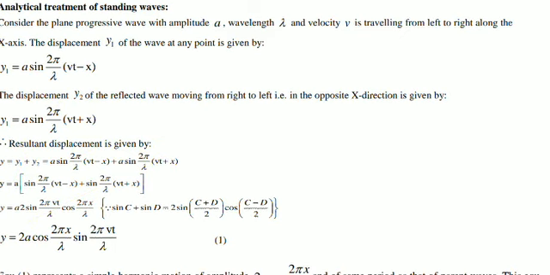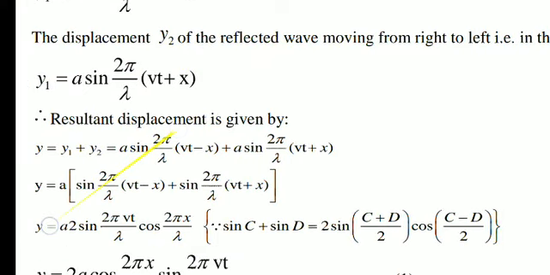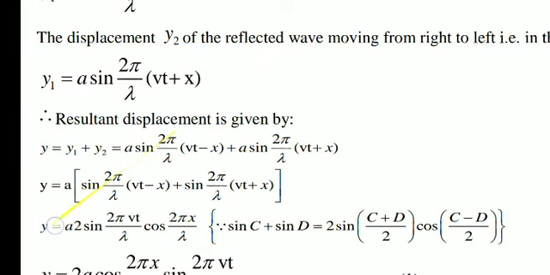According to the superposition principle, when these two waves traveling in exactly opposite directions superimpose each other, the resultant displacement will be given by y, where y equals y1 plus y2. Let us add these two waves, a sine 2 pi by lambda (Vt minus x) and a sine 2 pi by lambda (Vt plus x). a is taken common and the remaining things are put into the bracket.